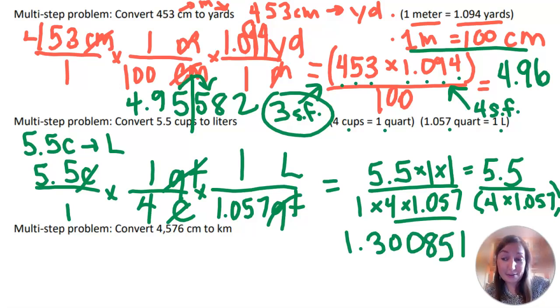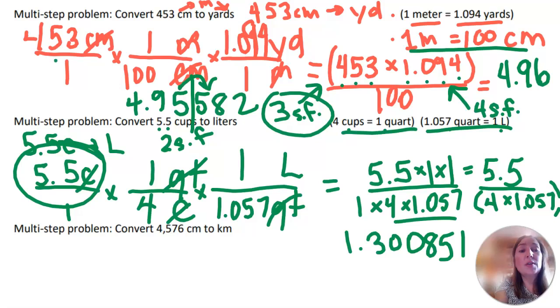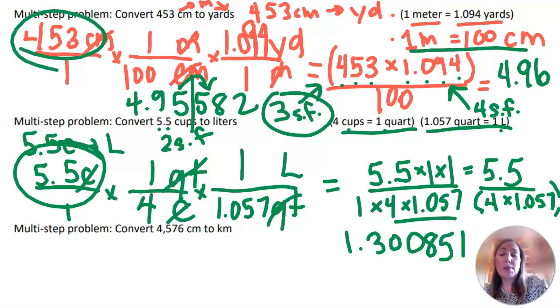But we're not going to, we know better. We have 2 sig figs. We have infinite. So how many are we going to have? Really our number going into the problem determines our sig figs. And I actually probably shouldn't have included this one over here. The 1.094 is probably considered infinite too, now that I think of it.